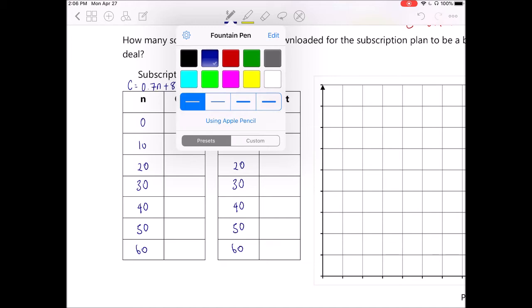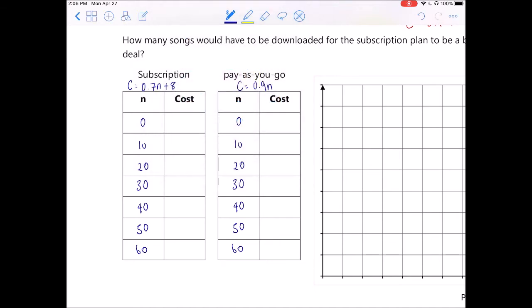Now we just need to plug in n equals 0 into the equation C. Notice that I'm using function notation here, so I'm not multiplying C and 0. It notates that C is a function in terms of n. N is 0 this time, so 0.7 times 0 plus 8 is just 8.